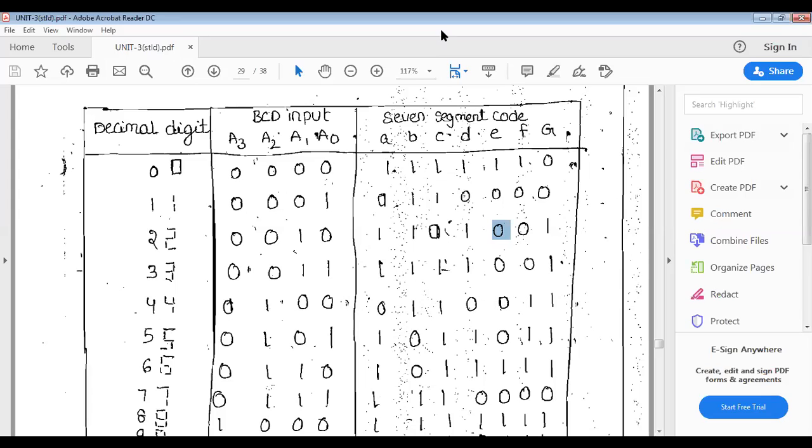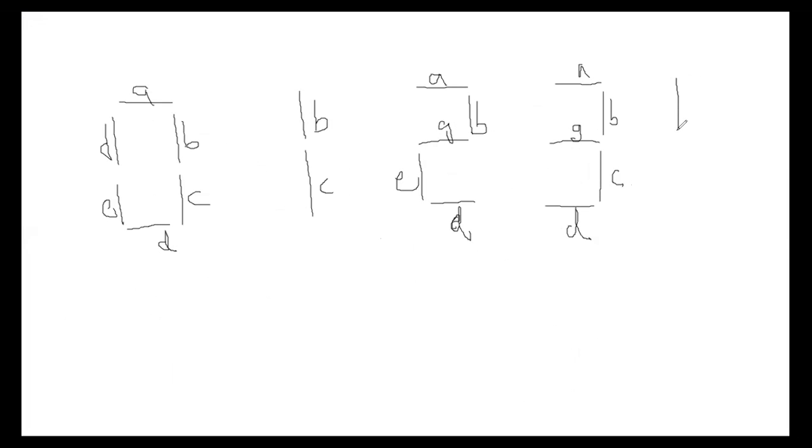Let us see that also. To get a 4, I am taking F on, G on, B on, and C on. The remaining E, D, and A are off. So A, D, E are off to display a 4 on the output side.